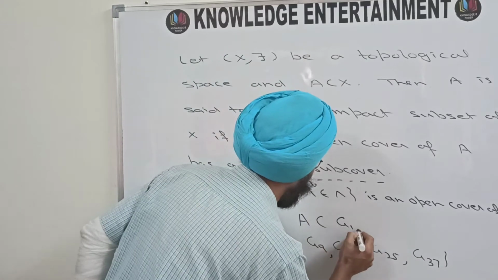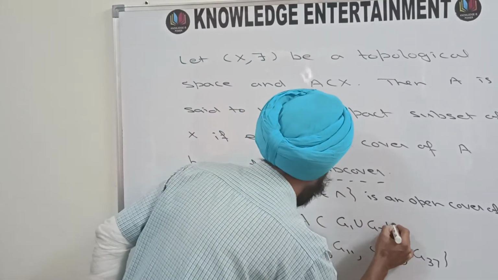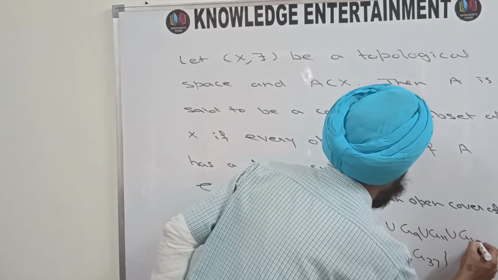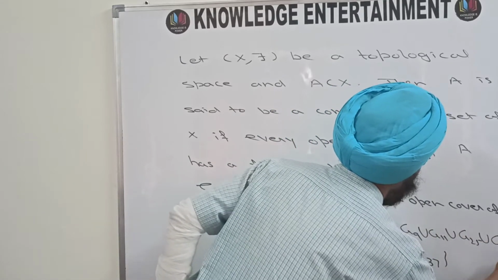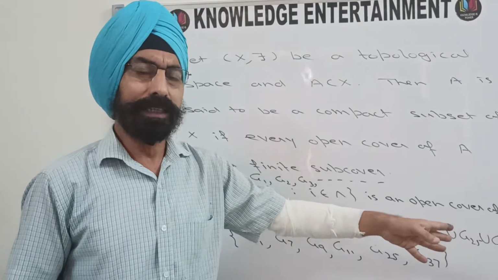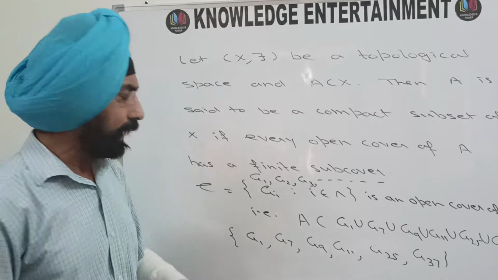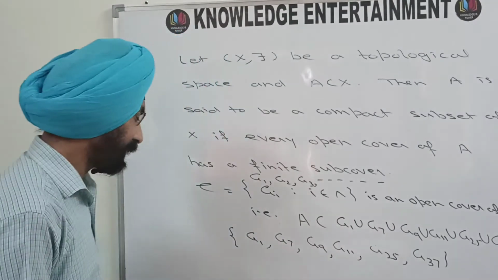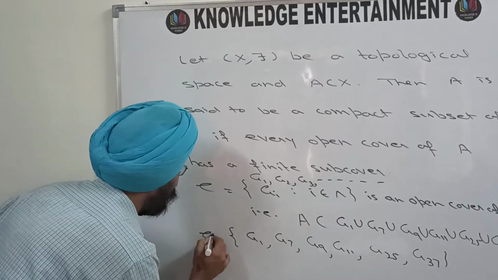So G1 union G7 union G9 union G11 union G25 union G37. So these members, only 6 members suppose, can cover A. So that means the collection of these open sets, name it as C star.